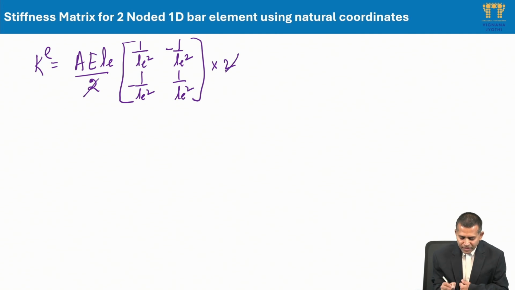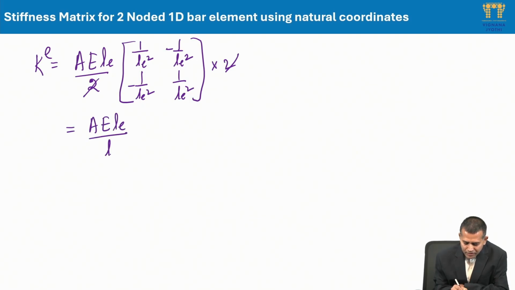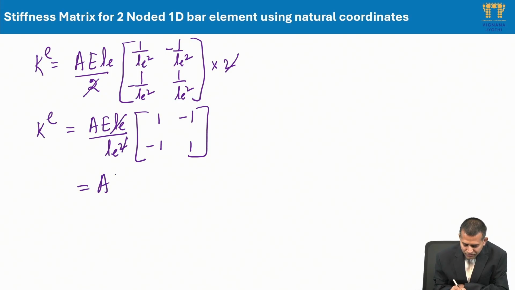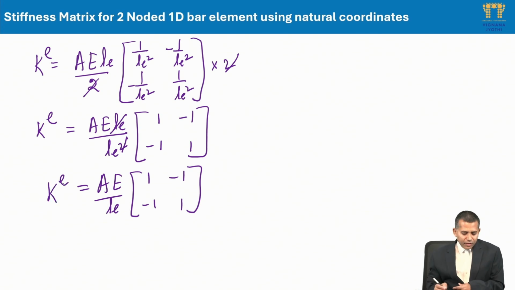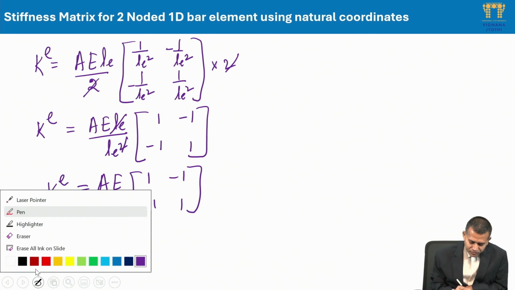This 2 will get cancelled, and I can take the 1 by LE square out, so I get AE LE by LE square times the matrix 1, minus 1, minus 1, 1. Where this LE gets cancelled, I get AE by LE times the matrix 1, minus 1, minus 1, 1.